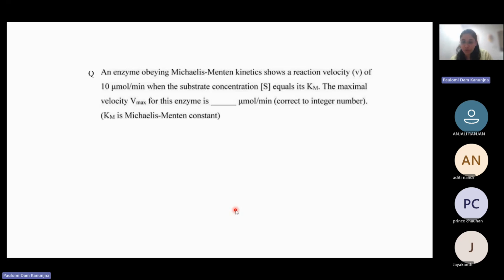Yeah, coming back to the question. So basically you have Km being equal to S and you have the velocity. So what is the final velocity, the maximal velocity? 20 micromole per minute.